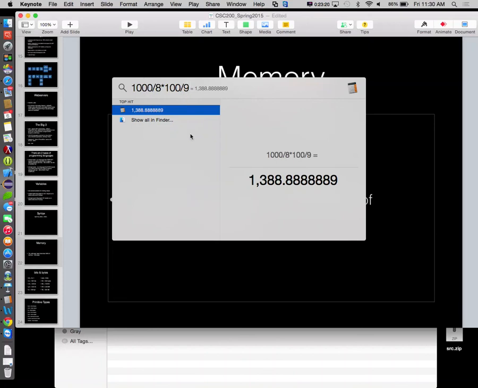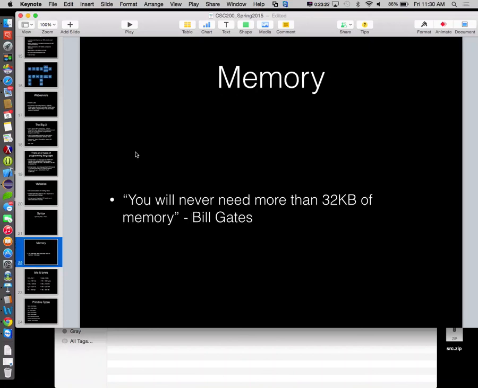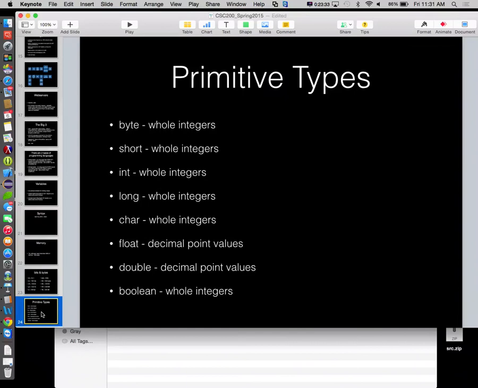All right. So in any case, memory used to be really expensive, so old programmers wrote programs with that in mind and tried to minimize the amount of memory they used. Fair enough. All right. So now we're back to our primitive types and need to answer the question of why did we need so many different ways of holding whole numbers?